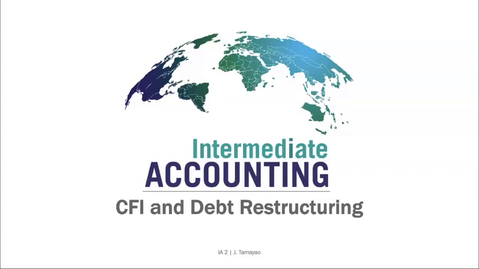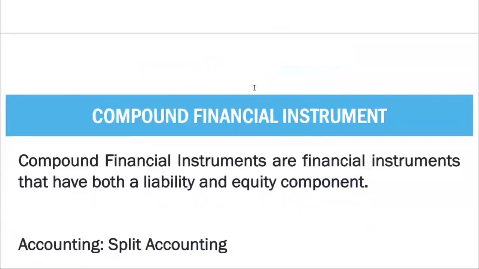Now on the part of the debtor, on the liability side, that particular change as to the terms on the payment of the liability is called debt restructuring. So you will see later the differences between your accounting under the asset section and your accounting here in your liability section. Let's start first with your compound financial instrument.